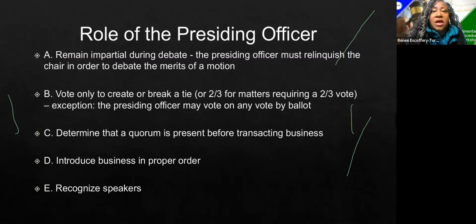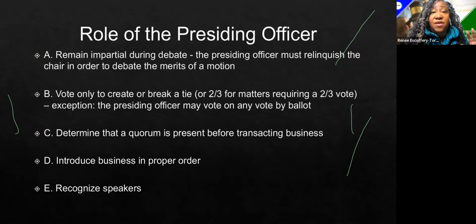Again, I was talking about meetings that continue almost ad nauseam. They go on for five, six, seven, eight hours, and you lose members. At any time that you lose your quorum, you cannot continue, because you have to have a quorum in order to conduct business. Also, you introduce the business in its proper order, and we just saw the order itself.